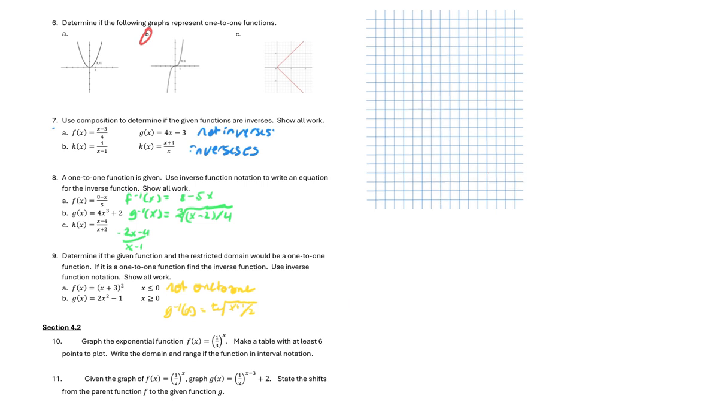Given the graph of f of x is equal to 1/2 to the x, graph g of x is equal to 1/2 raised to the x minus 3, plus 2. State the shifts from the parent graph function f to the given function g. This is not displayed here, but is on your review sheet. The graph, I've selected a few points of consideration from the parent graph.